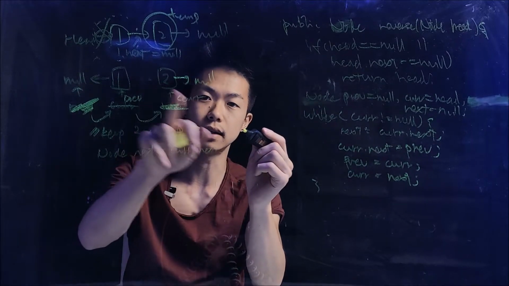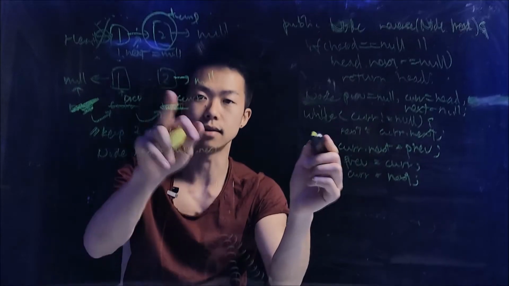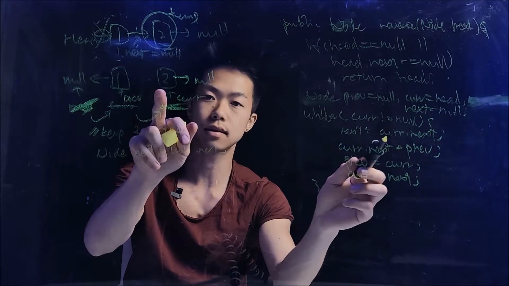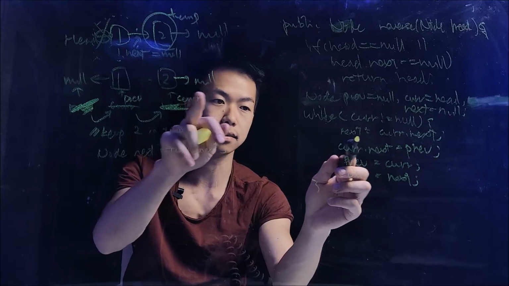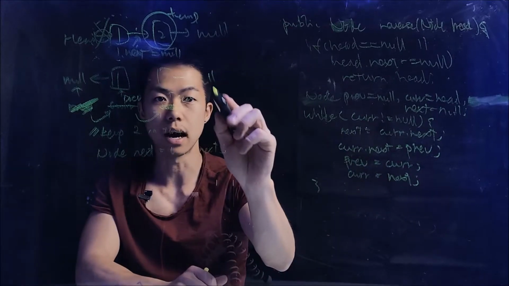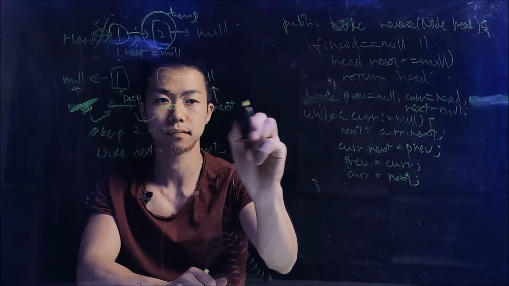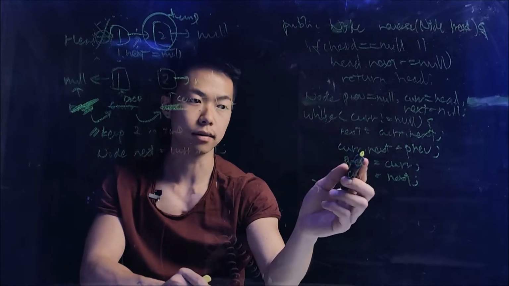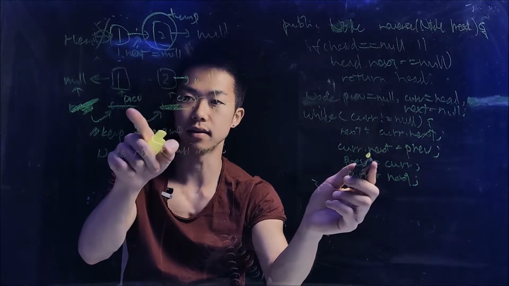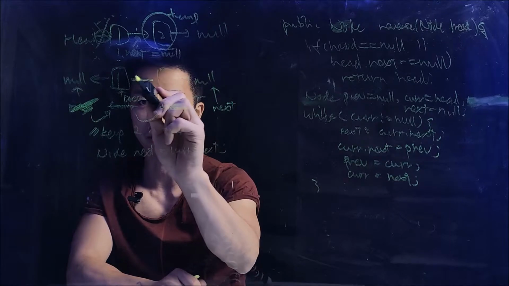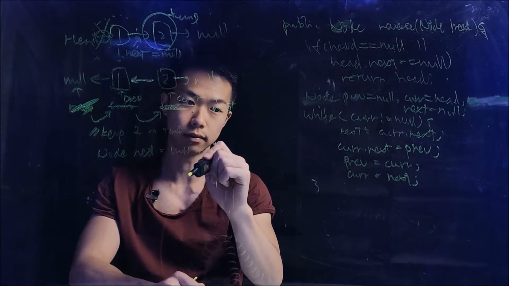But we have this in the current, and current is not null, so keep current.next in next. So now this is next, and then current.next is previous, which is 1. So now we draw this connection.